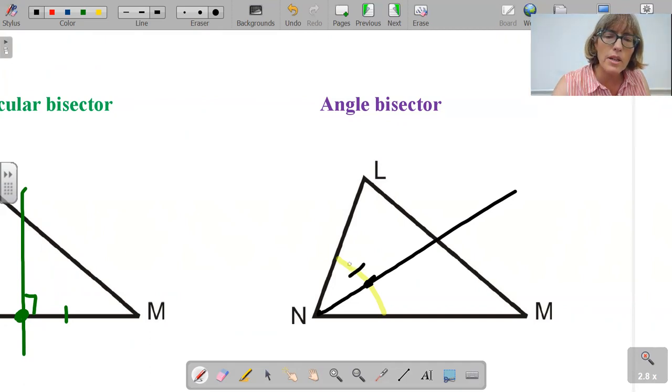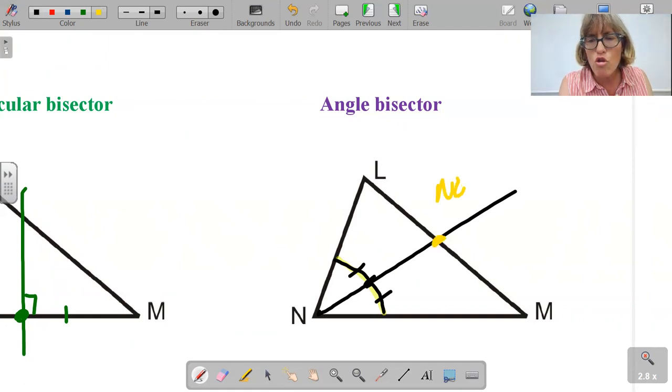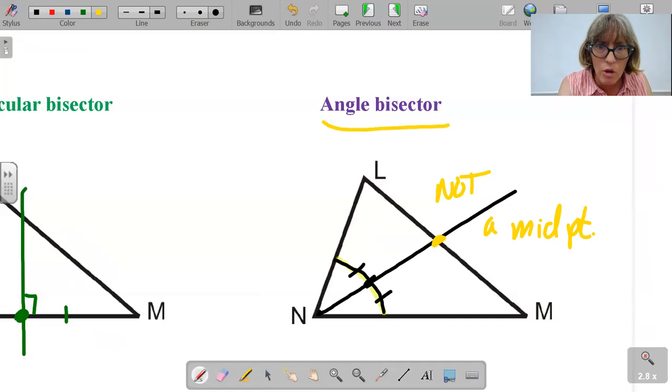It is the bisector of the angle. So this point here is not a midpoint under most circumstances. Under a couple it is. But your eyeball for an angle bisector is on the angle. Those are your 4 triangle guts.